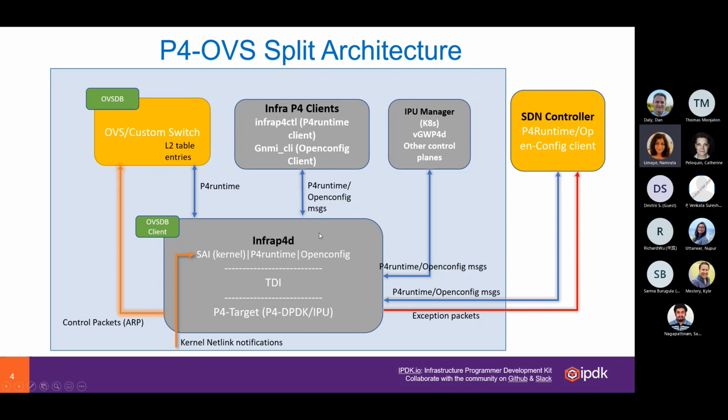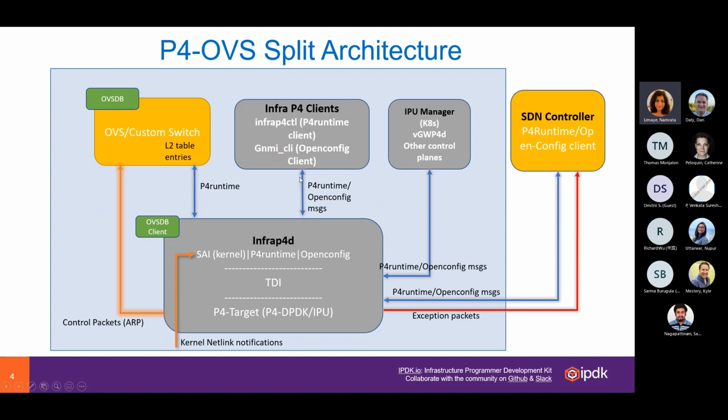Okay, so basically this P4 proto and the integrated code here becomes a separate daemon now, and is called infra P4D. This will have the same components, the P4 runtime, open config and the kernel acceleration that we are going to talk about more, integrated in infra P4D in a plug and play format. These upper layers, application layers, are going to talk to TDI, the target interface, and from here on they basically call the functions to program your target.